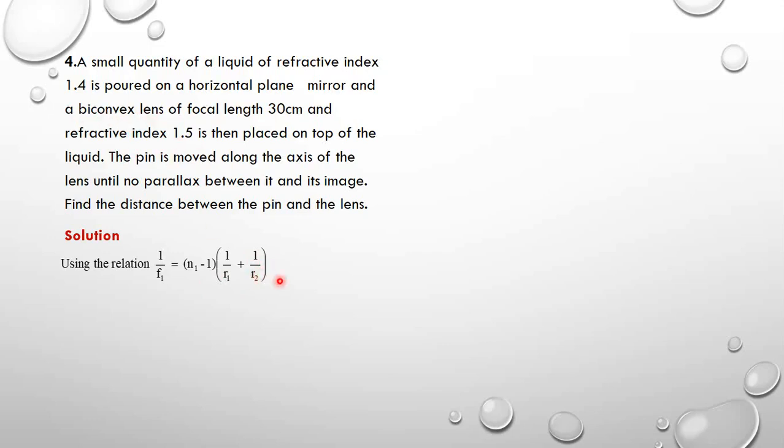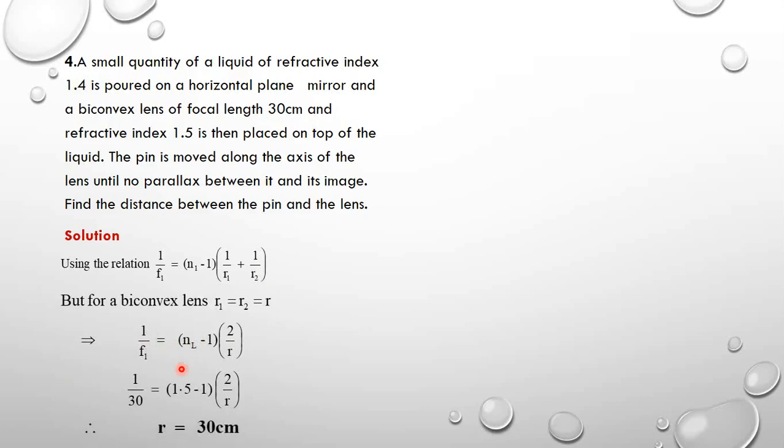And that is equal to R, which is actually going to help us to get that R. So when we substitute 1.5 and 30 here, we shall get our R as 30 centimeters. That means the radii of curvature is 30 centimeters for the biconvex lens. Then after that, we shall use this to get the focal length of the liquid lens.